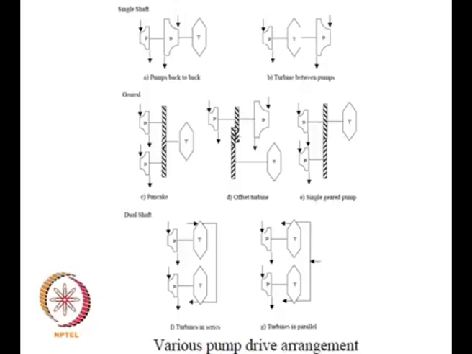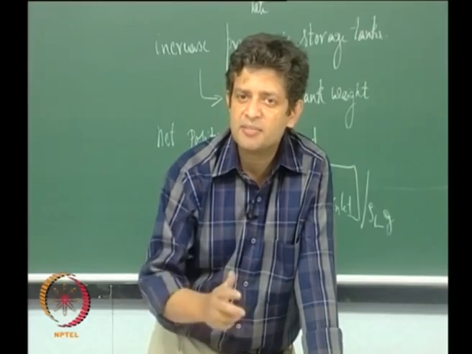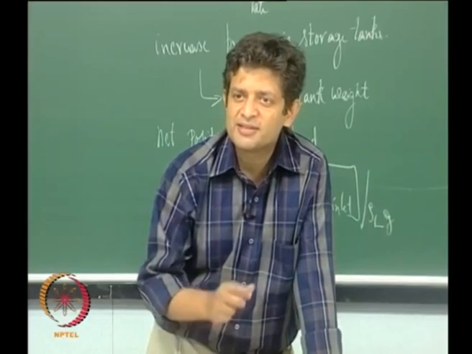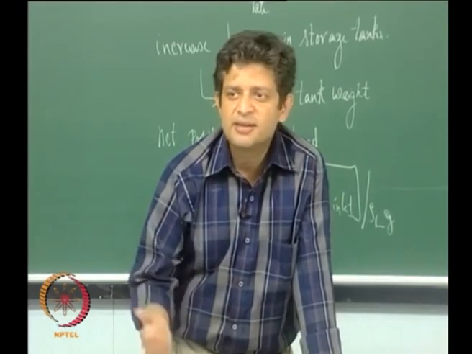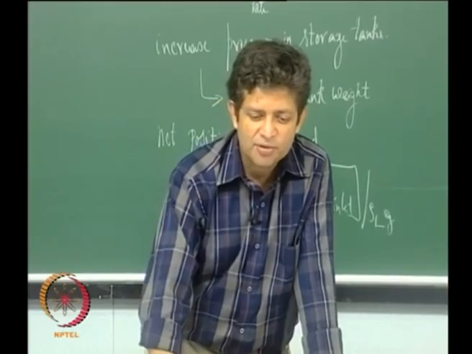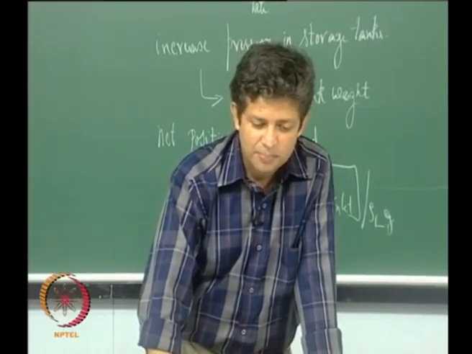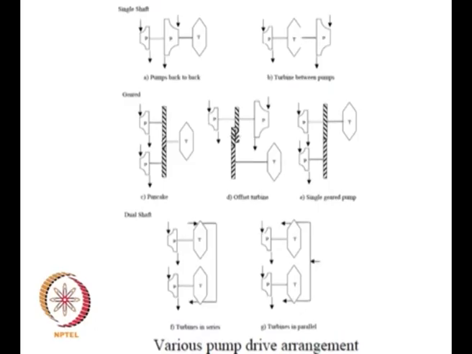This works fine for propellants with similar densities, okay, because the head rise required is nearly the same. So therefore if the densities are the same, you can work it out that they need to be rotated at the same RPM. So this works for propellants with similar densities, whereas B, C and F work well for propellants with dissimilar densities.